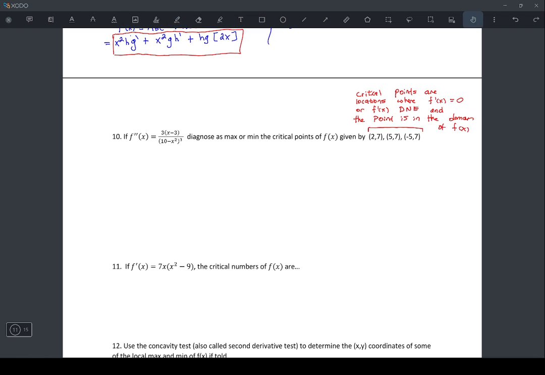So there are points that could be max or min.